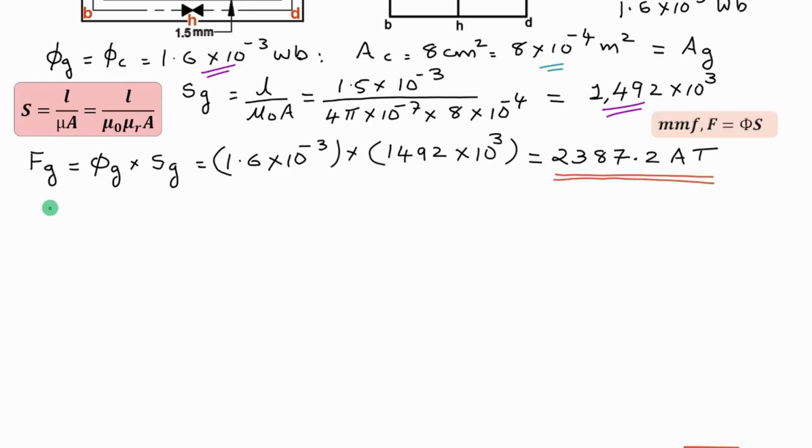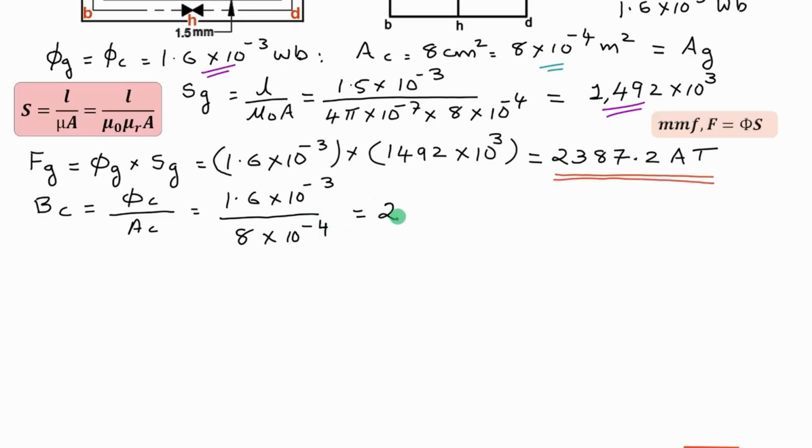Then flux density B in center limb, that is BC is equal to phi C divided by area of the center limb, that is 1.6 into 10 raised to minus 3 divided by area of cross section of central limb, 8 into 10 raised to minus 4 meter square, that is equal to 2 Weber per meter square.